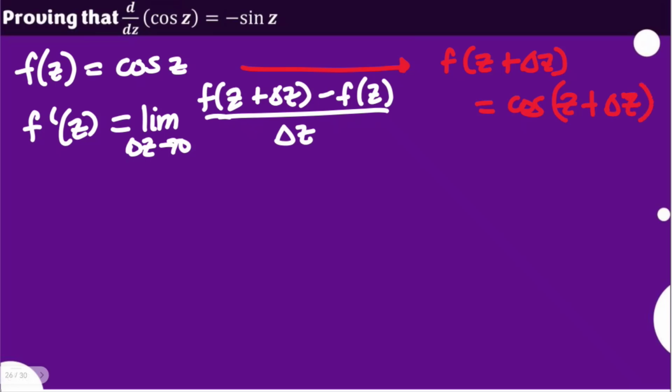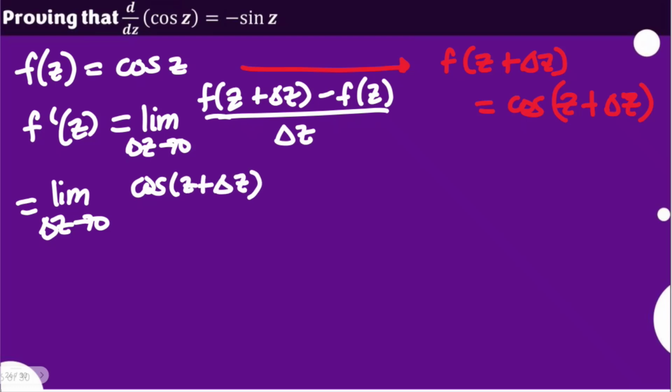That is its equivalent form. So, continuing with our proof here, this is equivalent to the limit as delta z approaches 0 for your first function, that's cosine of the sum of z and delta z, and you have here cosine z as our original function. These are all over delta z.